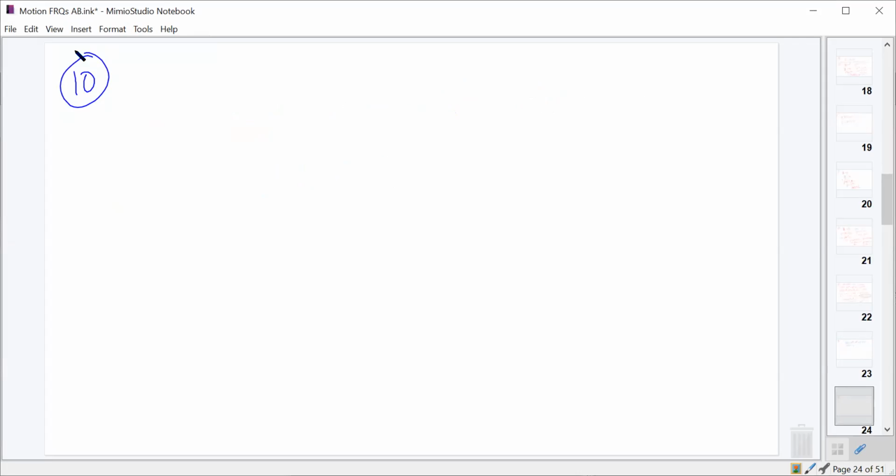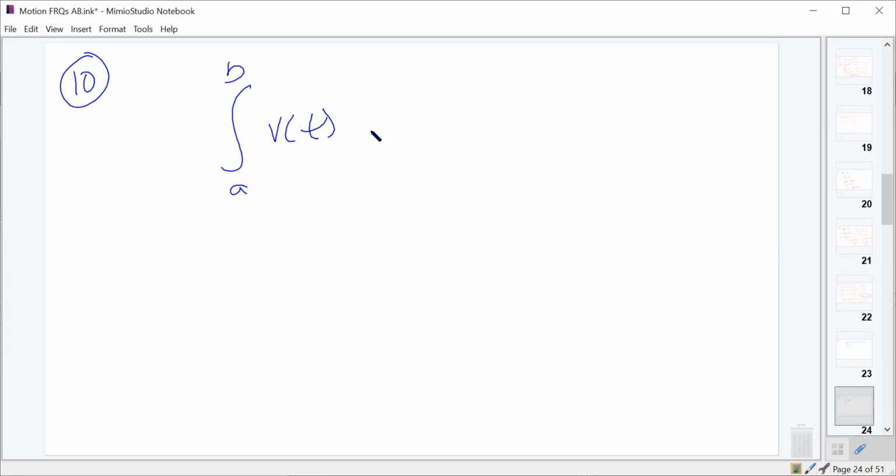All right, number 10. An object is moving up and down along the y-axis with the velocity v of t, and the position's derivative is v of t. It says it is false that the integral from a to b of v of t... So what does this not give us?